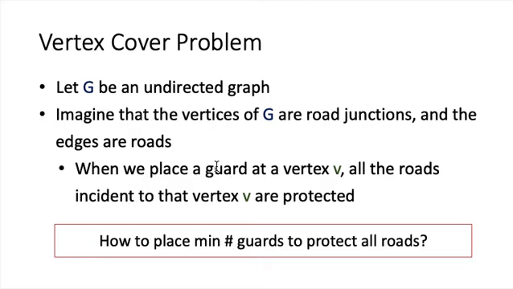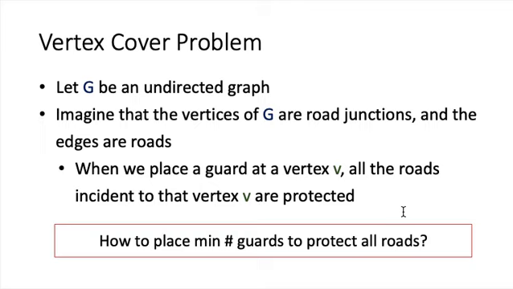If we place a guard at some vertex v, then all the roads incident to the vertex v will be protected. The target here is to place the guards so that all the roads are protected, and if possible, we want to use the minimum number of guards. So how to do that?